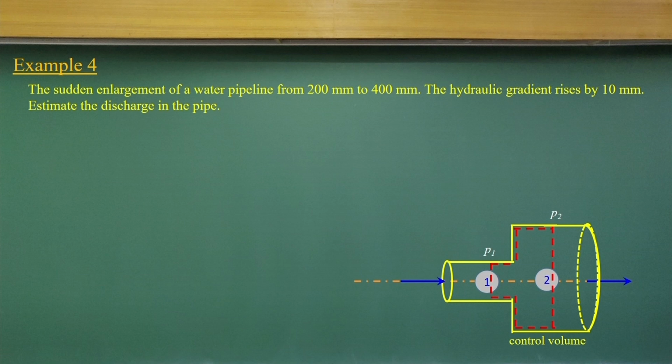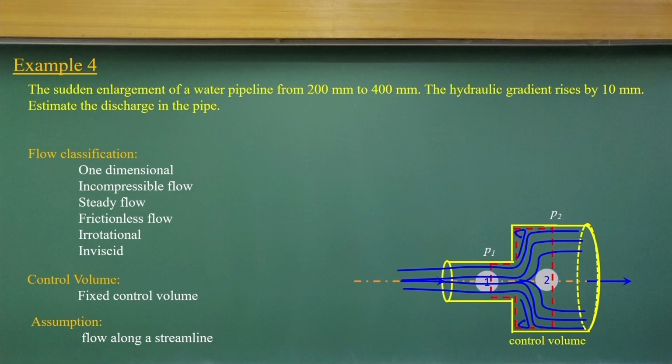So, again we will apply the same mass conservation equation and energy conservation equation along these streamlines. You can see that the streamlines will mostly be divergent and there will be energy dissipation in this system. We do not know how much energy is dissipated, but we know from the data that the hydraulic gradient rises by 10 mm.